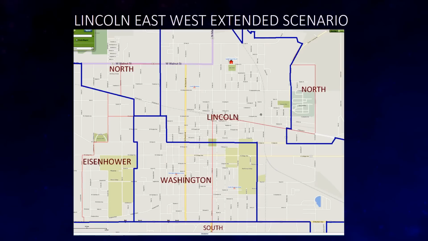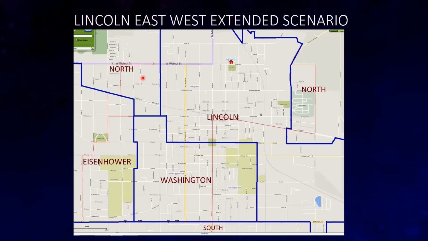The Lincoln east-west extended scenario is very different from the previous two. What it does is take this north boundary over here on the east side of Lincoln and extend it to capture those 7 students living east of Myrtle and these 6 students in the Franklin area. Over here on the west side, it would take these 11 students that were previously discussed in the Lincoln Walnut West scenario and add in these 11 students also to North.